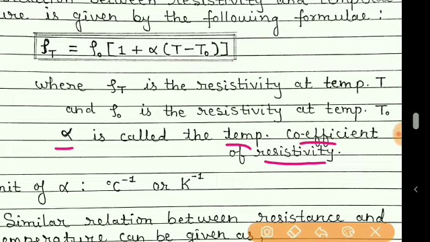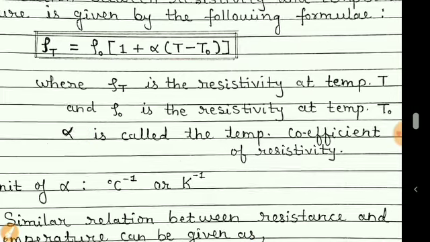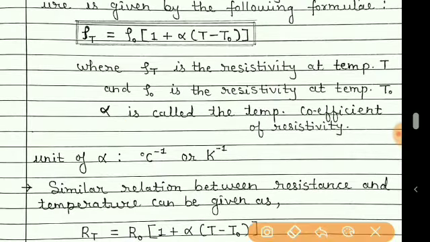So for different materials the alpha will be different. Now the unit of alpha is degrees Celsius inverse, or in the SI system it is Kelvin inverse.